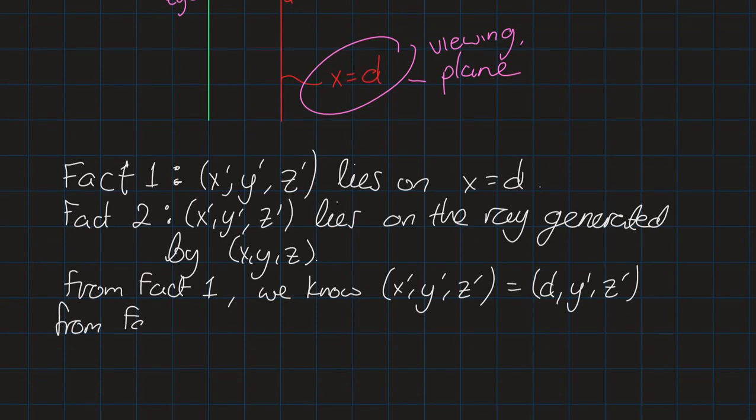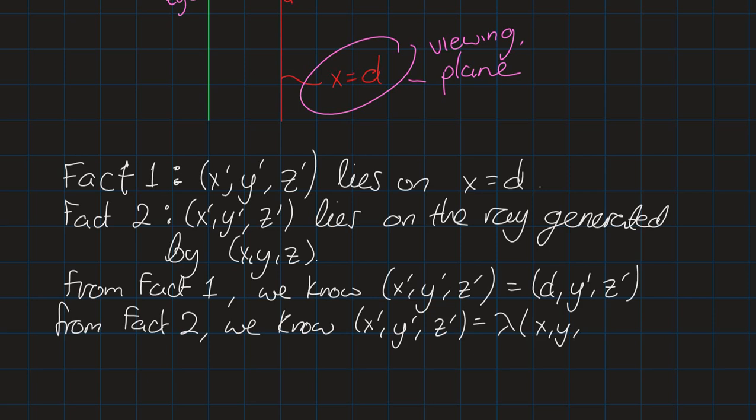And from fact number two, x prime, y prime, z prime lies on the ray generated by x, y, z. So that means it equals lambda times x, y, z for some lambda bigger than or equal to 0.